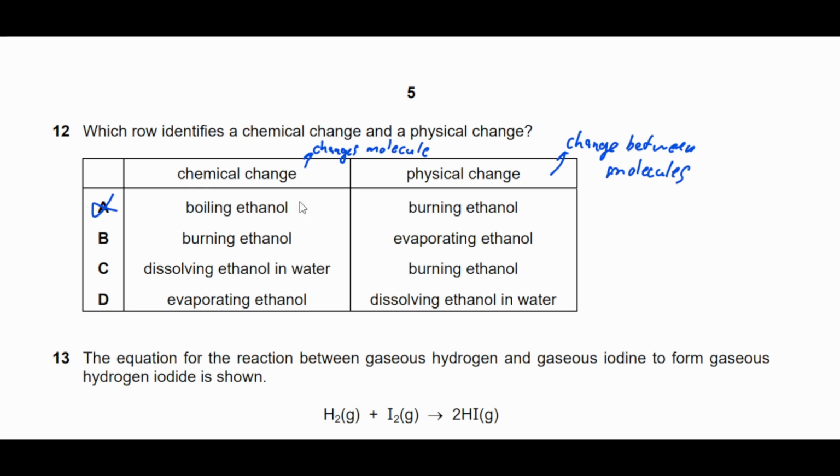Okay, you're turning it from liquid to gas. Burning ethanol, however, is chemical. Now let's see, evaporating ethanol is physical, so therefore the answer is B. Okay, so C is wrong because burning ethanol is a chemical change. D is wrong because evaporation is a physical change. Okay, it's wrong also. So answer is B.